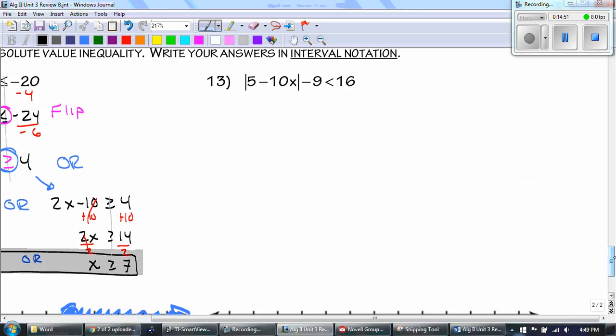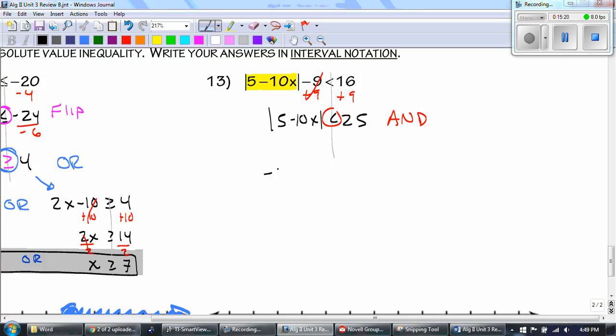Last one, 13. Is the absolute value by itself? Nope. So we have to add 9 to both sides. I get the absolute value of 5 minus 10x is less than 25. So it's less than, okay?